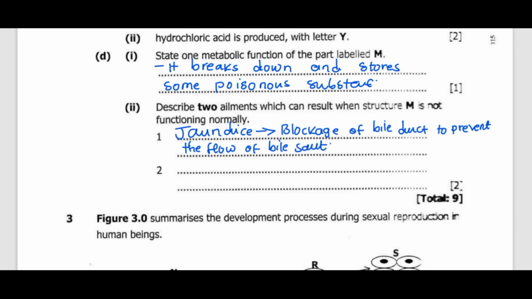The bile duct is the passage, the tube where the bile salt passes. So the blockage of this may result in not having the bile salt in the small intestines.